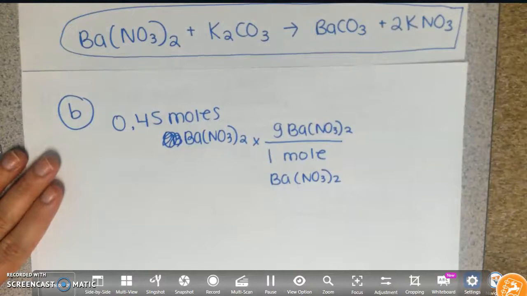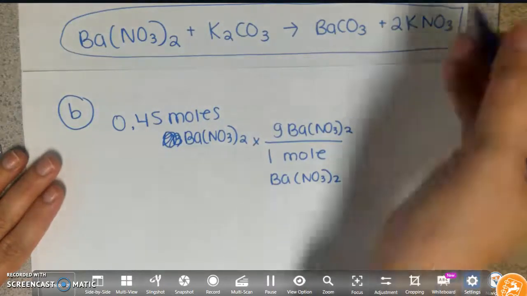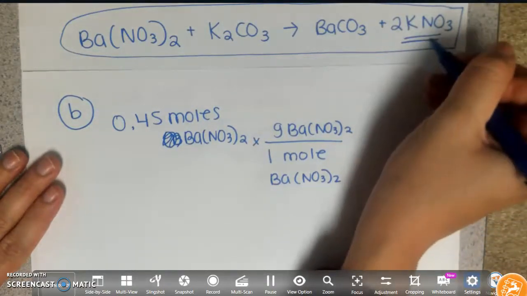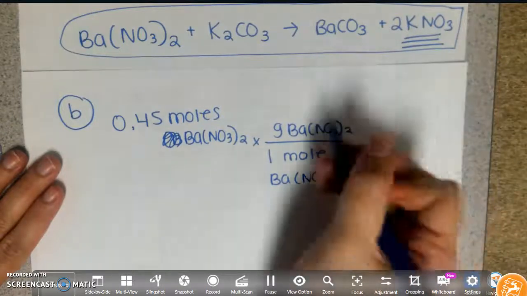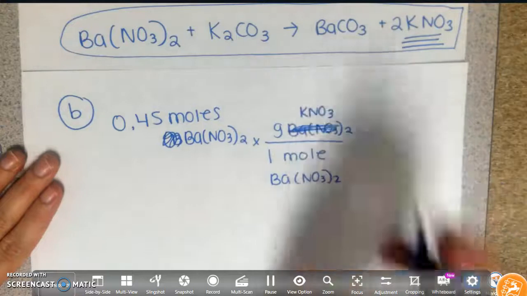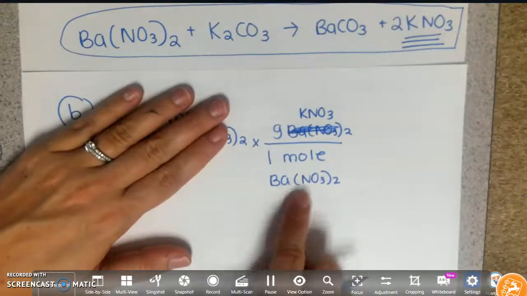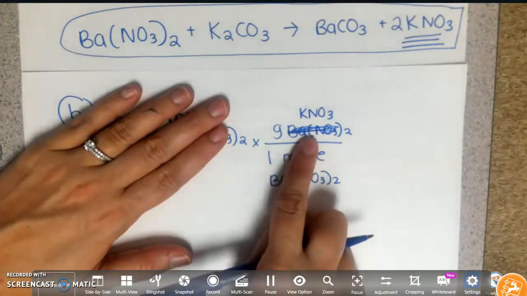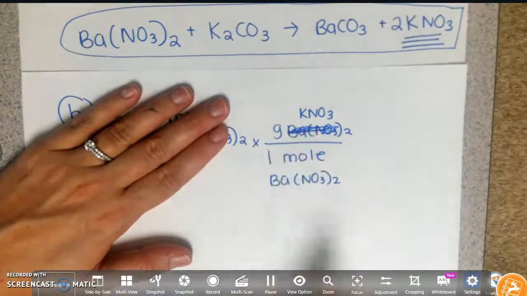But that's not what the question asked. The question wanted grams of KNO3. Now you can't just erase this and make that grams of KNO3, because 1 mole of barium nitrate will never equal anything about potassium nitrate. Those are two different substances.